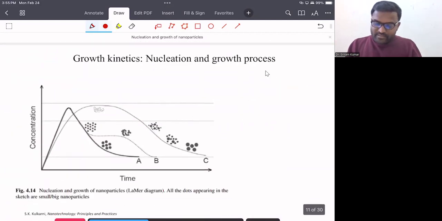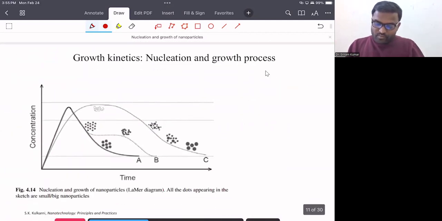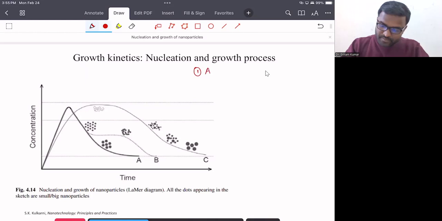Now let's understand another very important point, that we will have different kinds of nucleation and growth processes. The first example is condition A. In condition A, once we get this much concentration in this particular time, this is for the nucleation process.